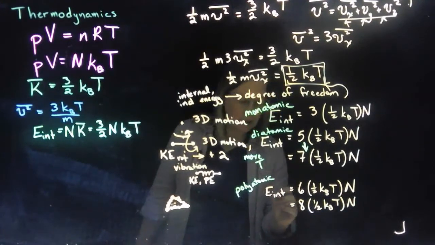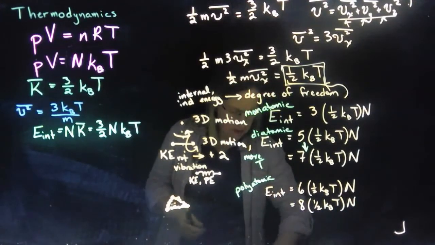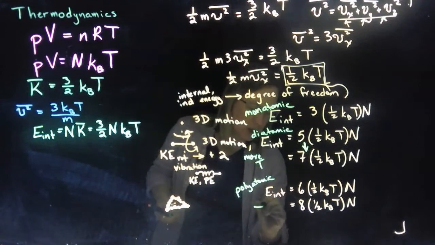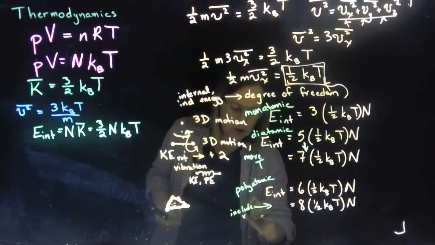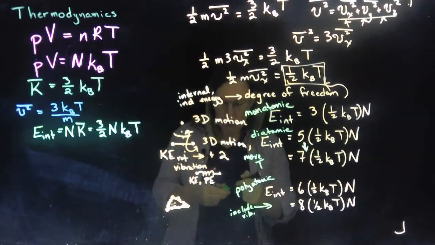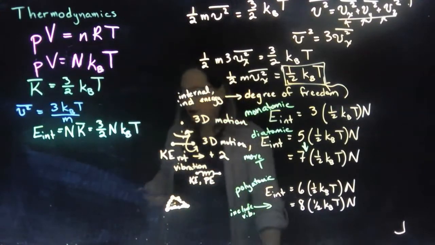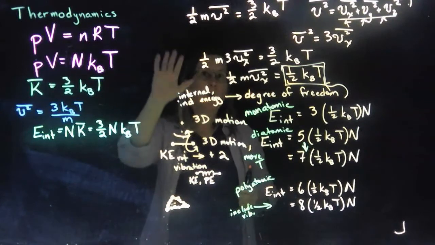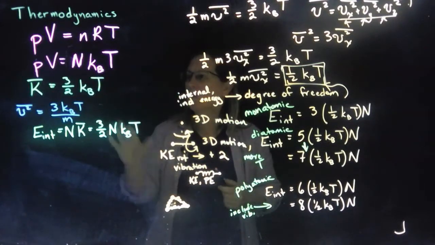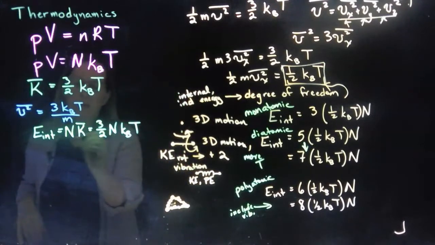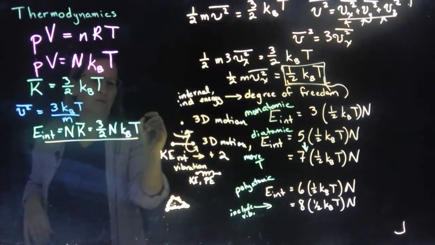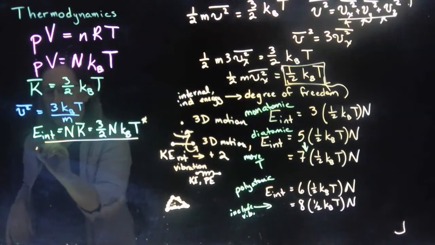We get to this when we include vibrational energy, okay, at high enough temperatures. And so the issue here is that when we talk about the internal energy, we're most often going to use this expression. But this has a little bit of an asterisk for us. This is for monatomic, right?